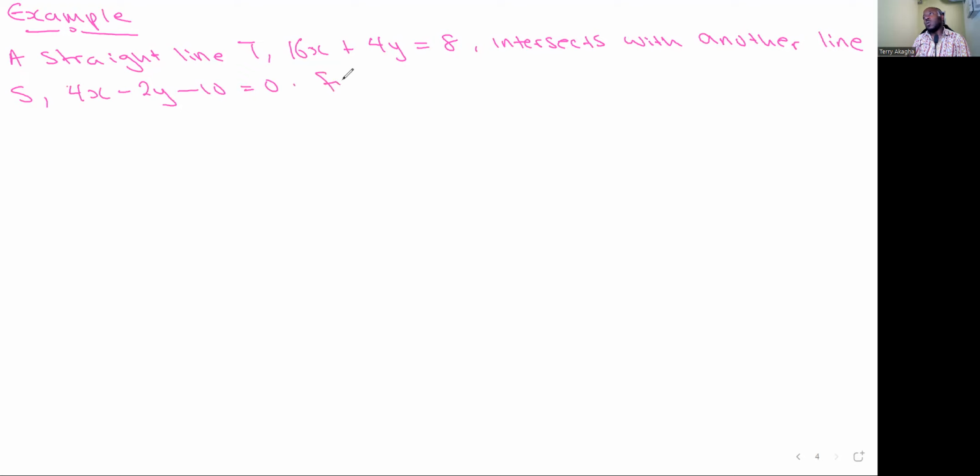Okay? We're now told to find the points of what? Intersection. Find the points of intersection.